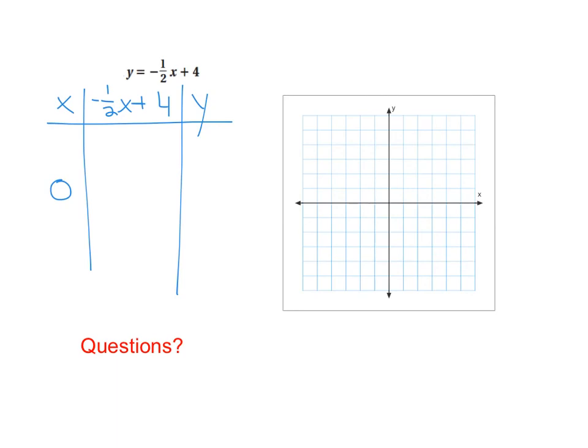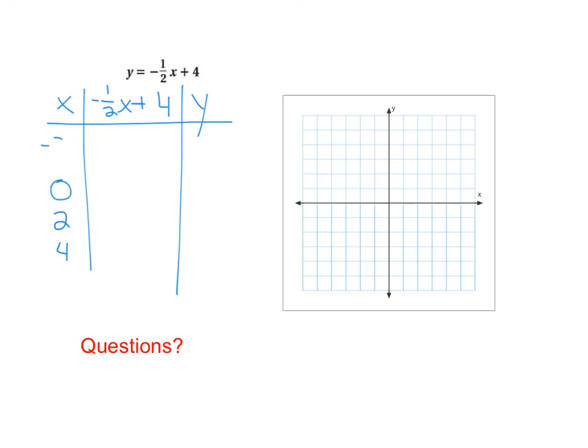Now, think about if we're taking half of something, what kind of values could we choose and make our fraction disappear? What if we chose 2? Can we take half of 2 and not have a fraction anymore? Can we take half of 4 and not have a fraction anymore?